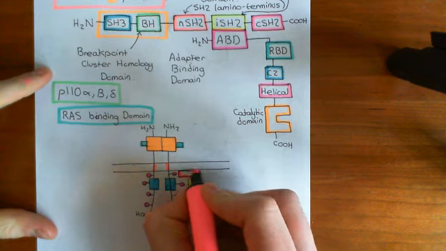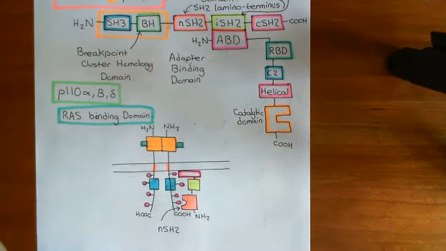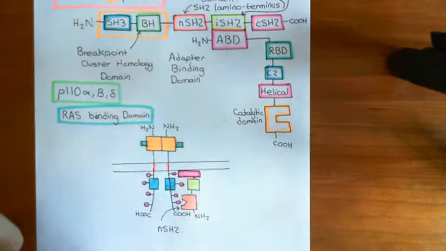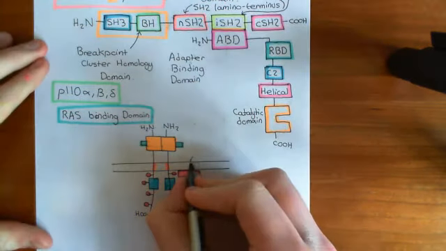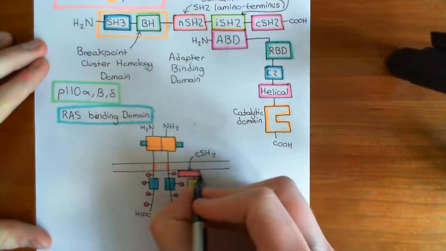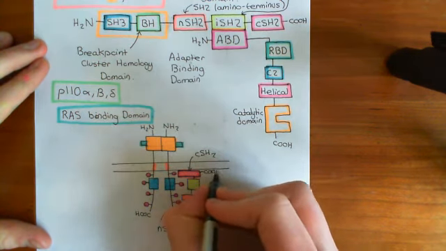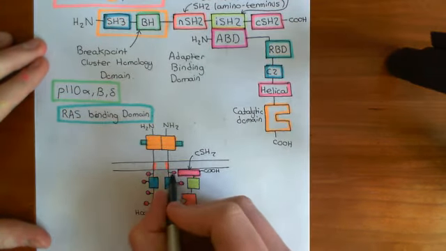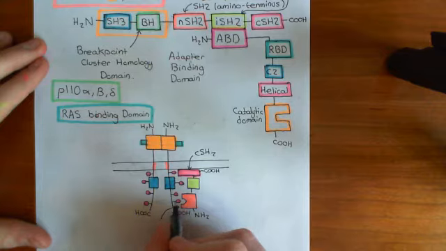Here it is, this is the C-SH2 domain. Since all the others are coloured fully in, I'll keep that one the same. That's now the end of our regulatory subunit, so there's its carboxylic acid tail. It's bound to this phosphotyrosine residue and this one here.